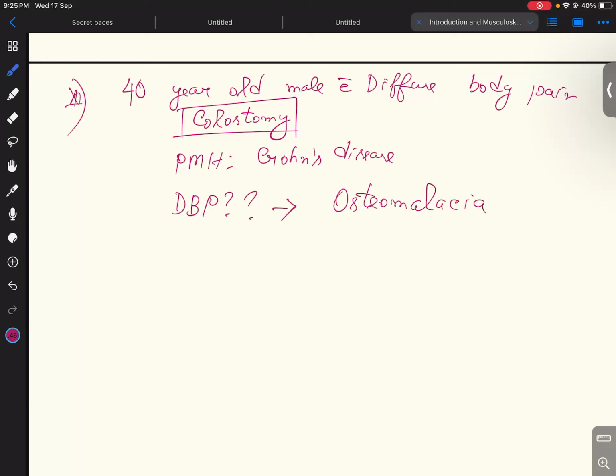Because he had resection of some part of his bowel, that is causing malabsorption, and he is getting less vitamin D. Are you getting my point? These cases come in the PACES exam. And due to low vitamin D, he has developed osteomalacia with diffuse body pain. Is this clear?